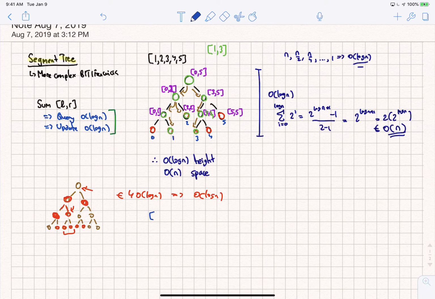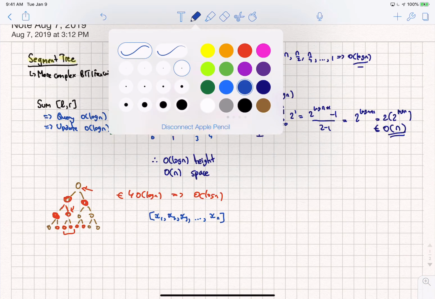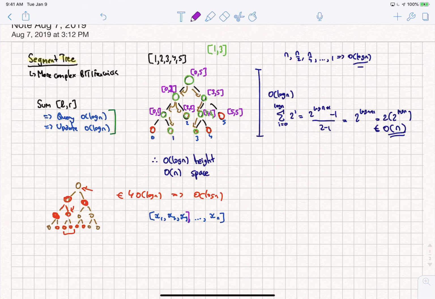You start with the original array of x1, x2, x3, xn, and then you slice it up in half, get the summation of these portions, and then divide and conquer again and again and again. You keep dividing and conquering.